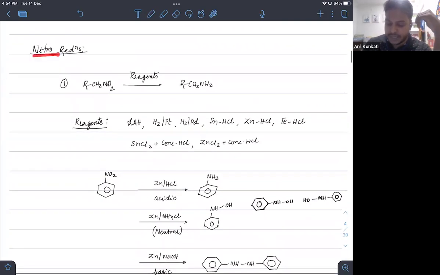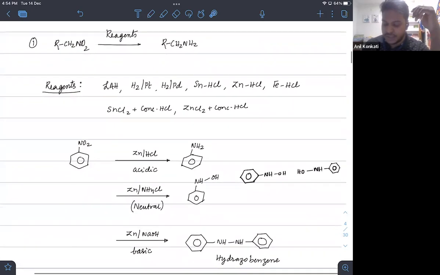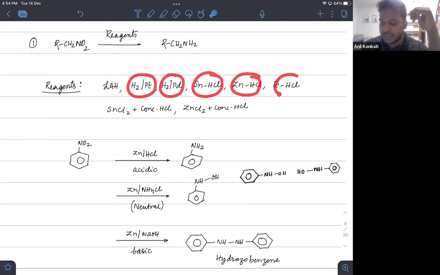Next, usually we do reduction reactions to get amines as well. First of that is nitro reductions. Any form of nitro group, NO2, with certain reagents will always give us amines. Typically, what are those reagents? You can see lithium aluminum hydride, H2 by Pt, H2 by Pd, tin in HCl, zinc in HCl, iron in HCl.